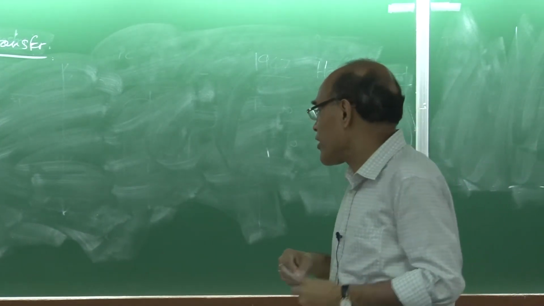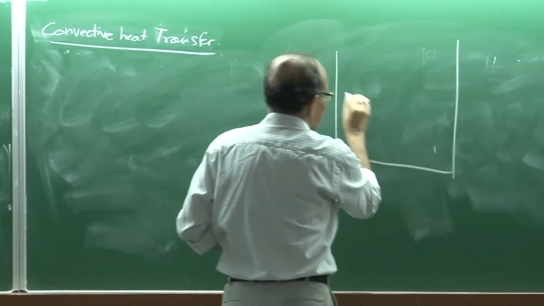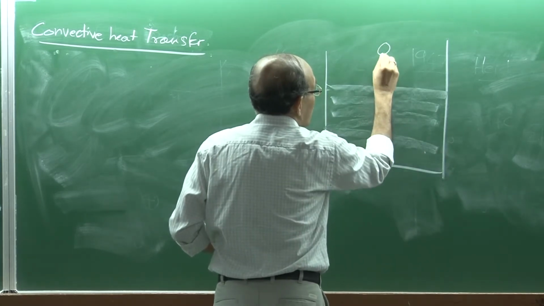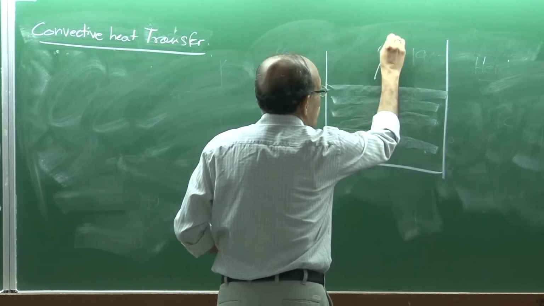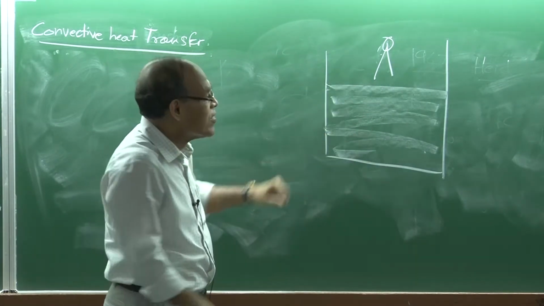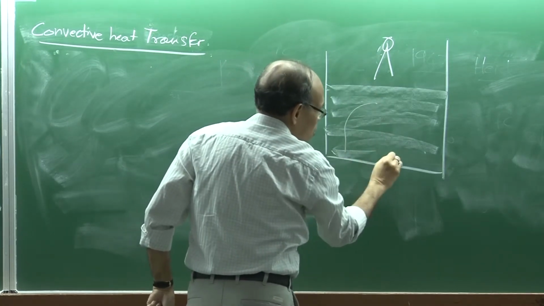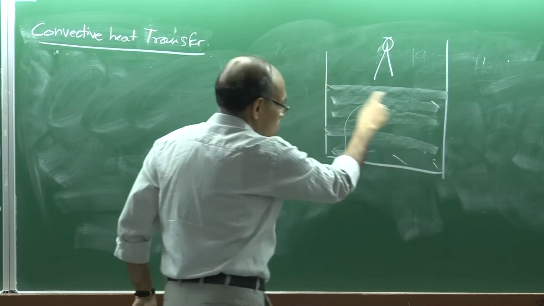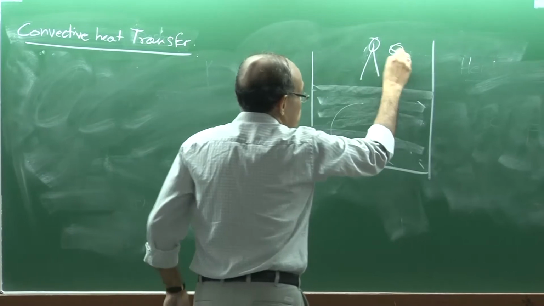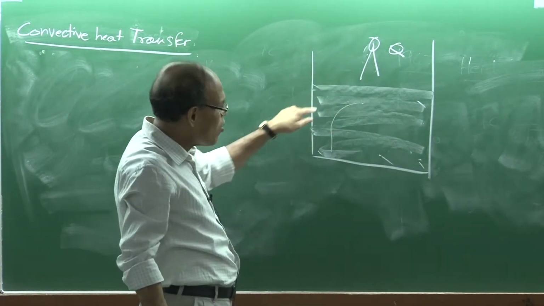For example, if I have a huge vessel containing liquid metal and I want to transfer heat into the material, and it is stagnant, then if heat is supplied onto the surface, it will take a long time to reach all the locations within the system. This is a heat source, it is being applied, there is no stirring present here. So, heat will take an enormously long time to get distributed.